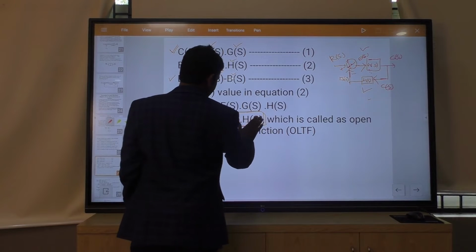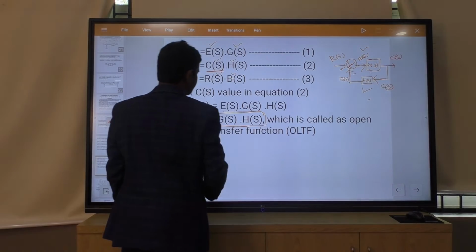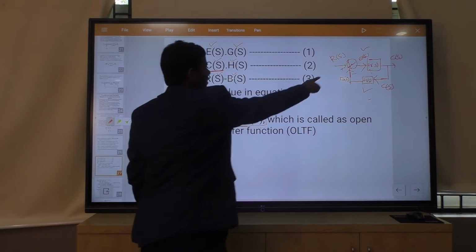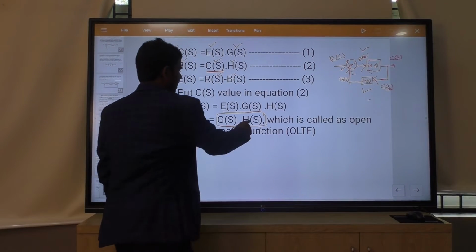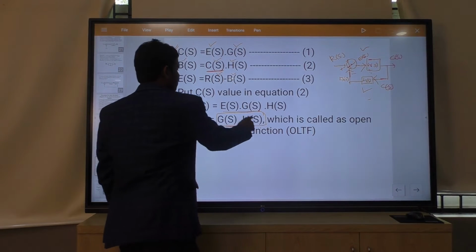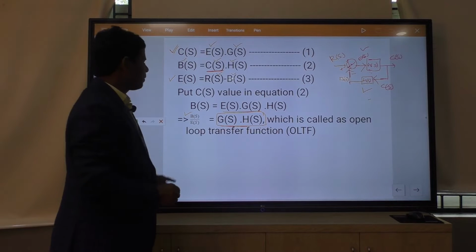So B(s) by E(s) is G(s)H(s). G(s) is the forward path transfer function and H(s) is the feedback path transfer function. Multiplying G(s) and H(s), we get what is called the open loop transfer function.